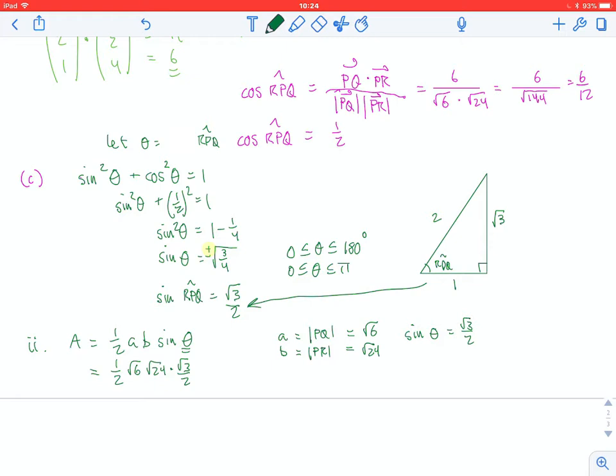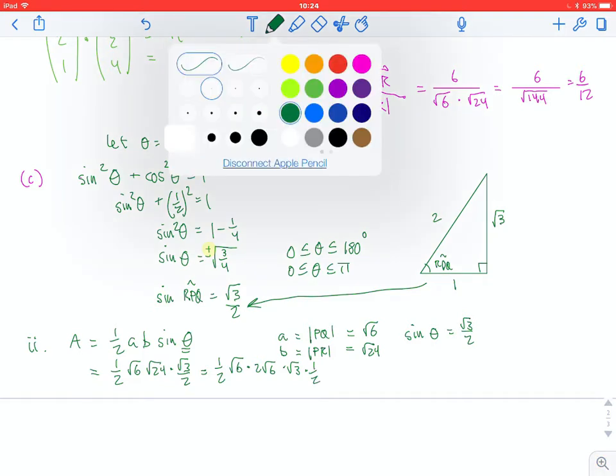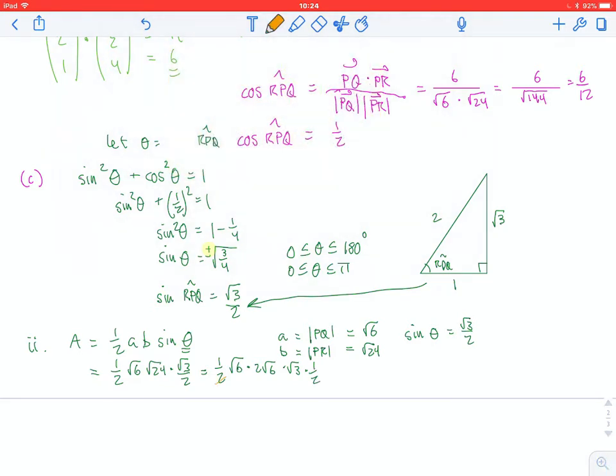And we can do some simplification on that. Lots of ways that we can do this. We have a 1/2 there, square root of 6 there. We can write square root of 24 as 2 square root of 6, and then we have square root of 3 times 1/2, and so we have a little bit of work to simplify that. We have a 1/2 there, multiplying the 2.